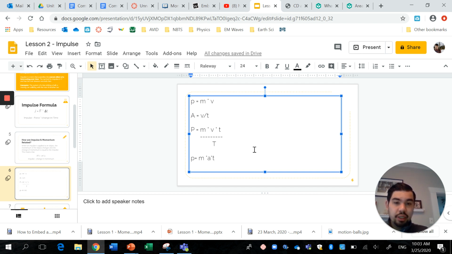In Newton's second law, it states that force equals mass times acceleration, which means that over here, this mass times acceleration can become force times time, which is equal to our impulse.